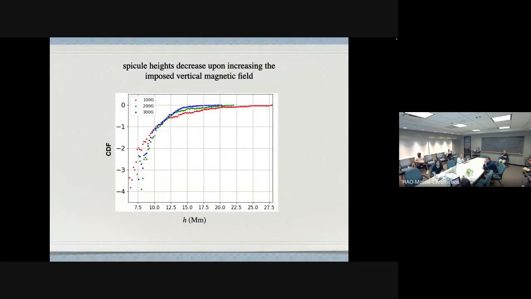We have not looked at, say, 5 Gauss, 10 Gauss, 50 Gauss. So we are right now trying to look at those fields and see if this is a monotonic decrease or whether there is some different dependence if you start from 1 Gauss or things like that. I don't know if it is monotonically decreasing or not.